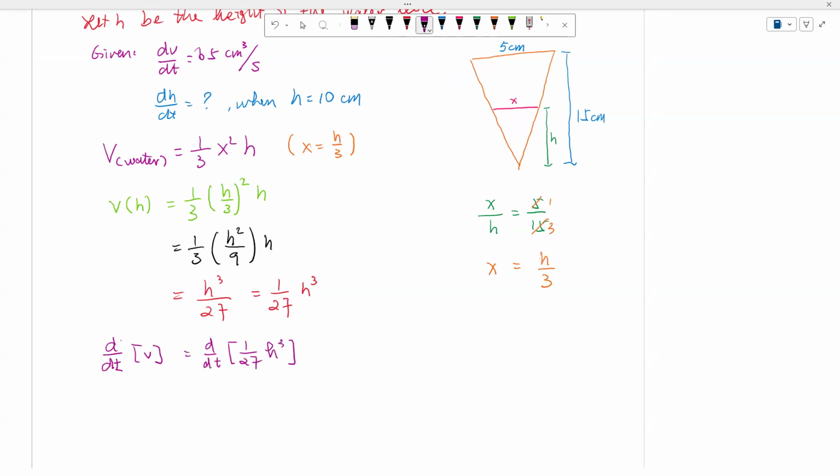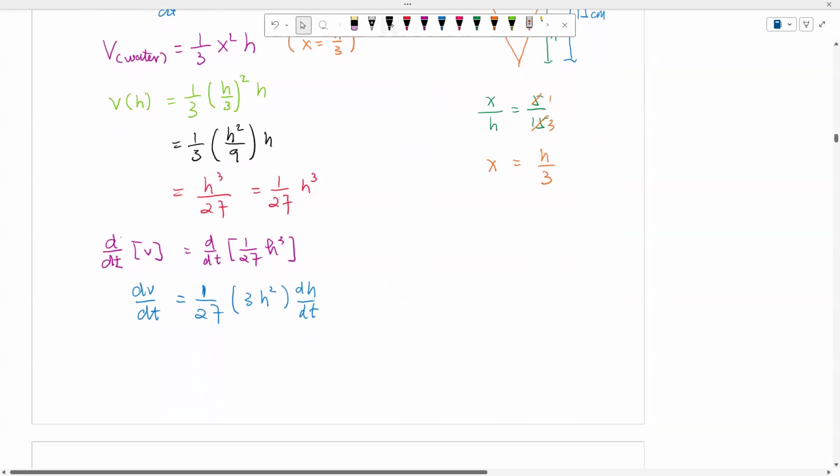On the left side I have dV/dt, equal to 1/27 and the derivative of h to the power 3, which is 3h squared dh/dt.